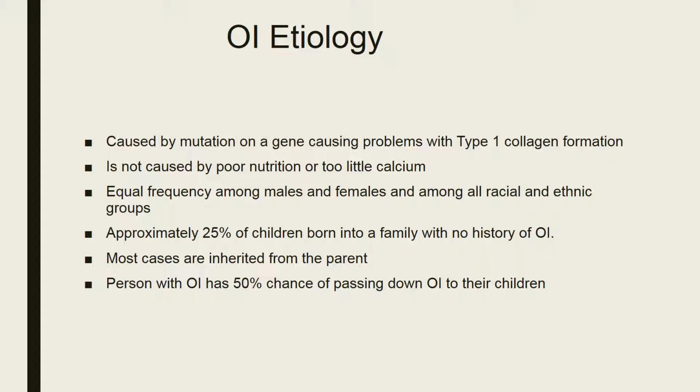Osteogenesis imperfecta affects men and women, boys and girls, all the same, as well as all racial and ethnic groups equally. Approximately 25% of children born with it come from families with no history of osteogenesis imperfecta.